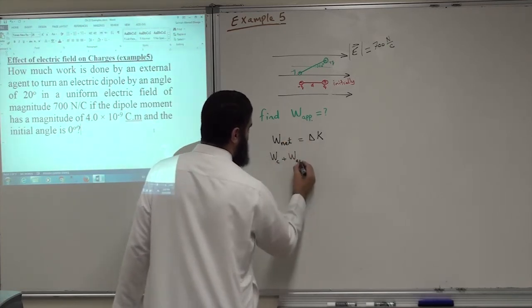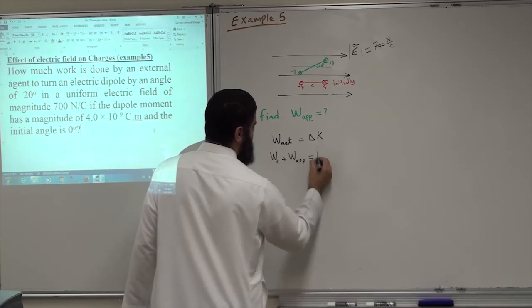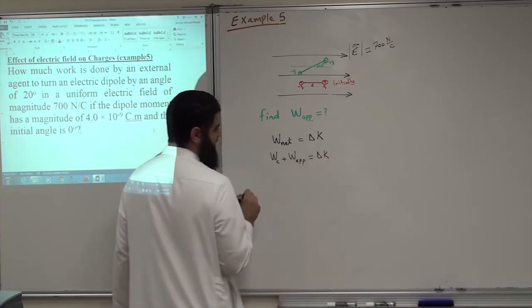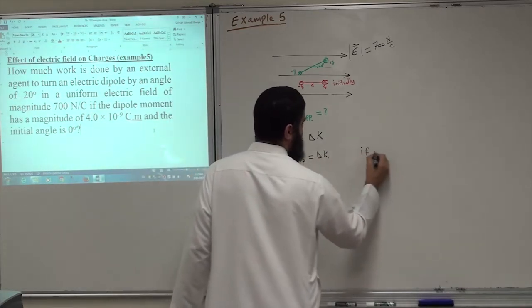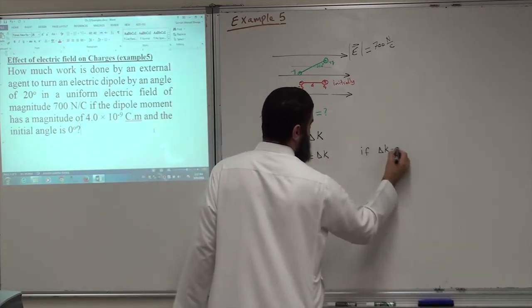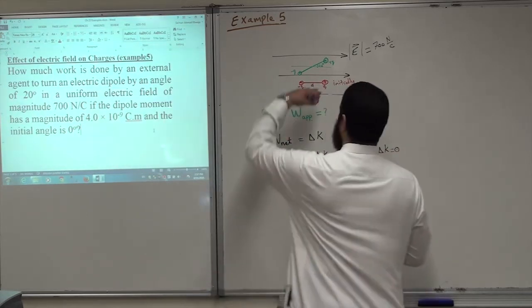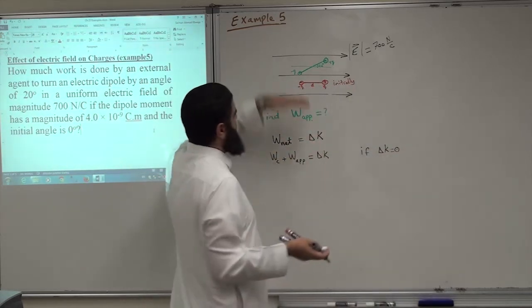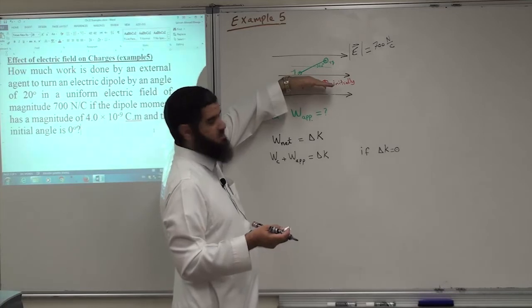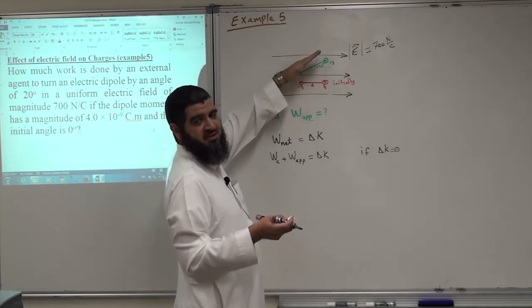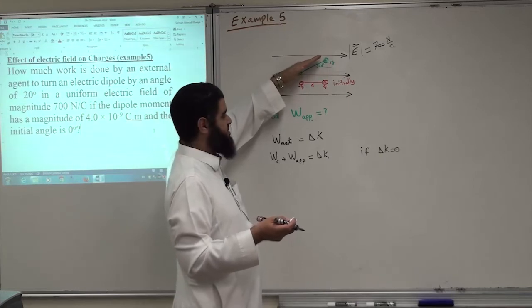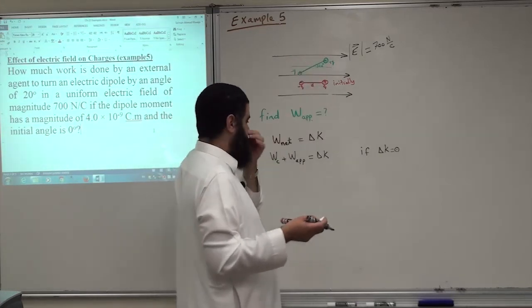Now I call it work applied, and this is equal to delta K. Delta K equals 0, because we brought our dipole from this position, so initially it has 0 kinetic energy, and finally we fix it at this position, so the final kinetic energy is also 0. So delta K is 0 in this case.